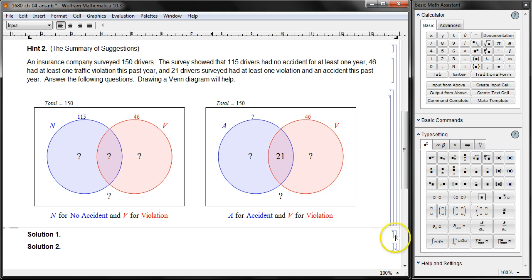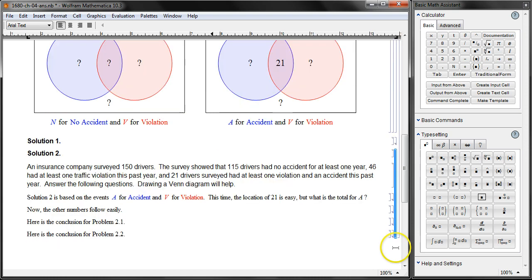You can determine that rather easily. And then 21 drivers had at least one violation and at least one accident right here in the middle. So if you took this path, then putting those numbers in is a little bit easier. That computation is not too difficult at all.